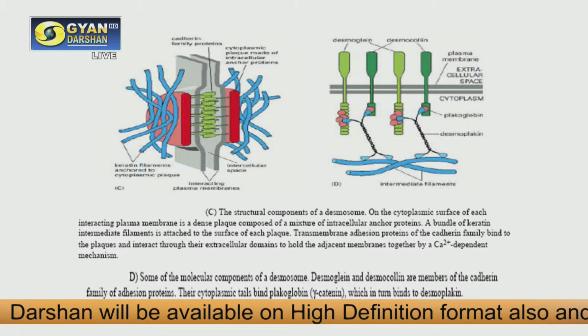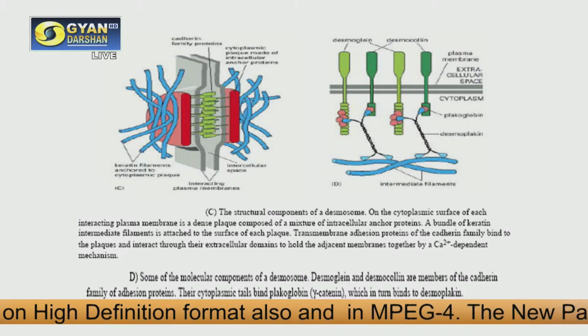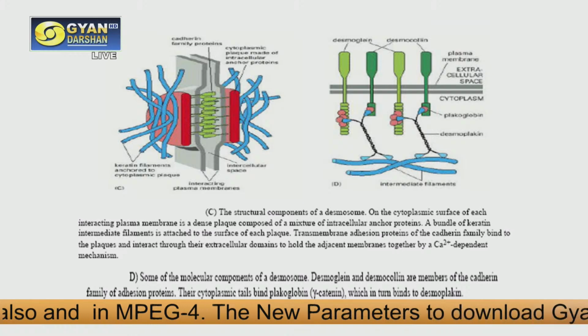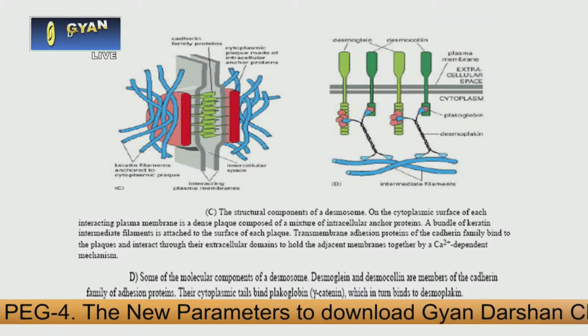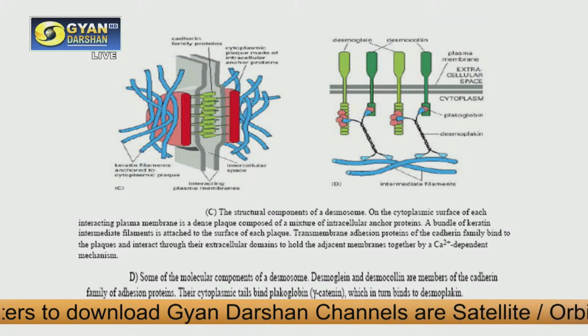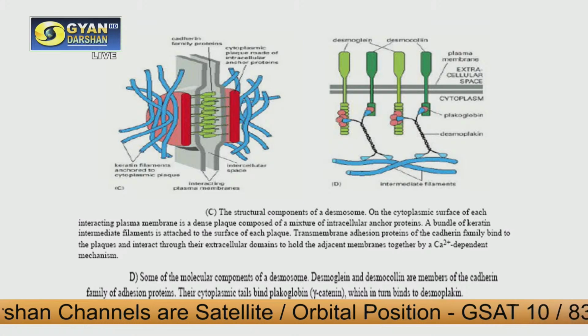Here we name those kinds of proteins plakoglobin. And that plakoglobin in turn binds to desmoplakin, and that desmoplakin in turn communicates with the intermediate filaments.